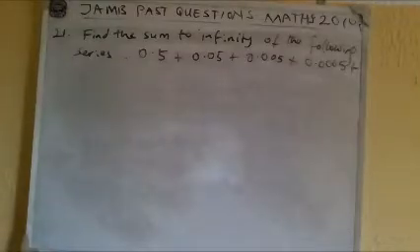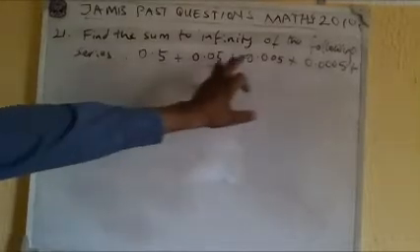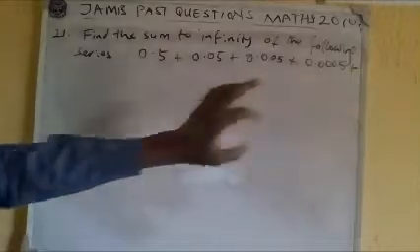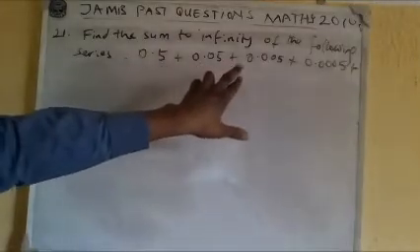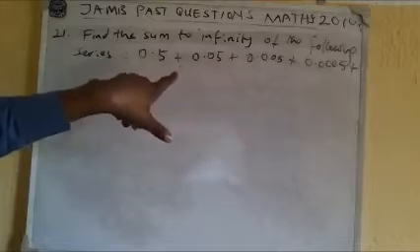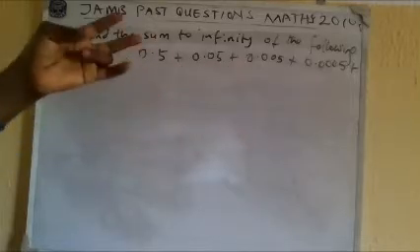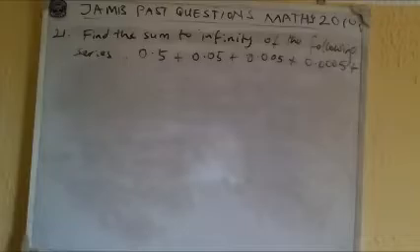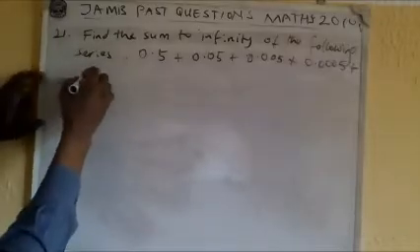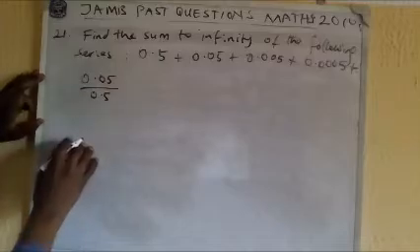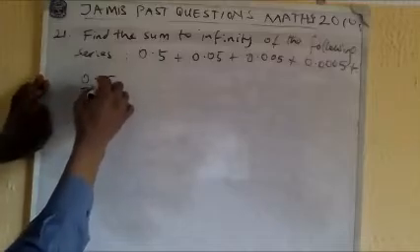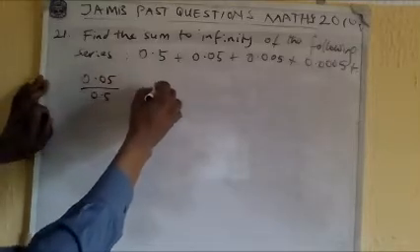First of all, what kind of series is this? If I look at the terms, this is the first term, second term, third term, fourth term, and so on. What is the relationship between the first and second term? That relationship will determine what kind of series this is, either geometric progression or arithmetic progression. If I say 0.05 divided by 0.5, the ratio is 0.1.